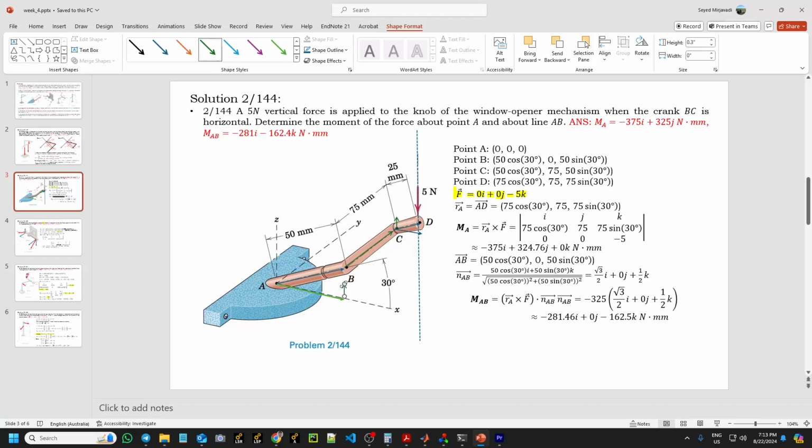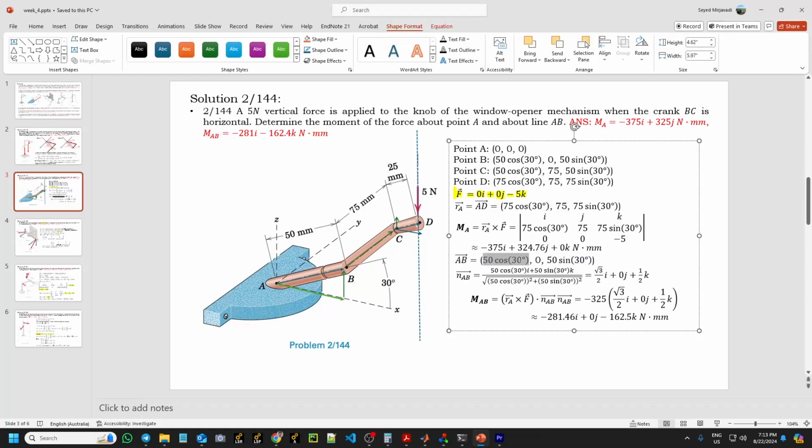Let us show you. Remember, this is not j, this is parallel to the z direction, and the unit vector of this one is k. So the AB will be this.